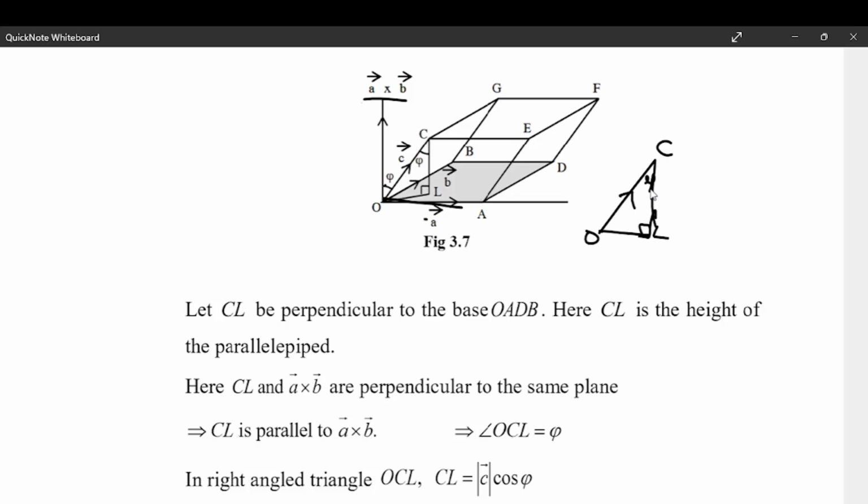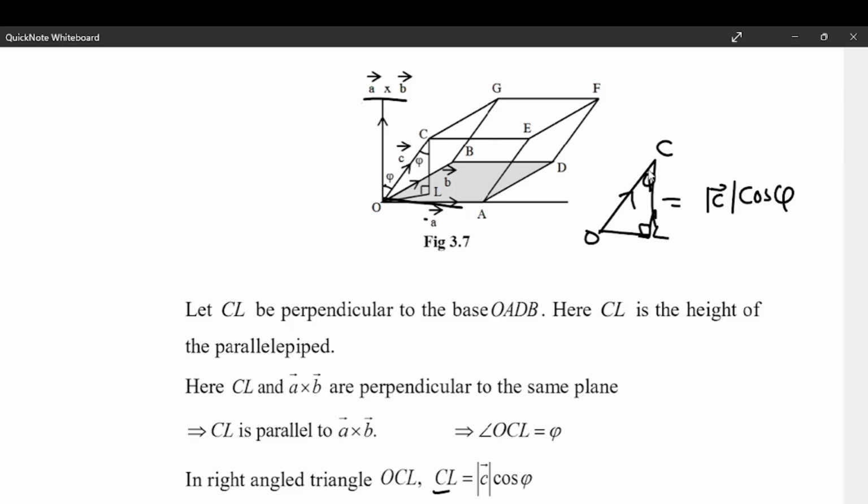And then we have our phi here, which is the angle. Now we are seeing that in the right triangle OCL, the CL, which is the height, is equal to the magnitude of C times cos of phi, which is the angle.